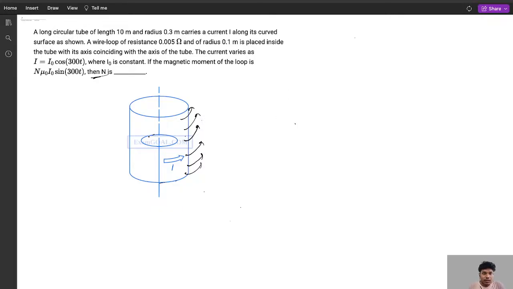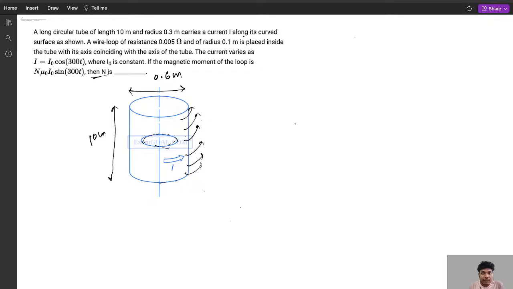And a small loop is placed at the axis, at the center of the cylinder. Do you understand the condition? The height of our cylinder is 10 meter, and the diameter is 0.6 meter.